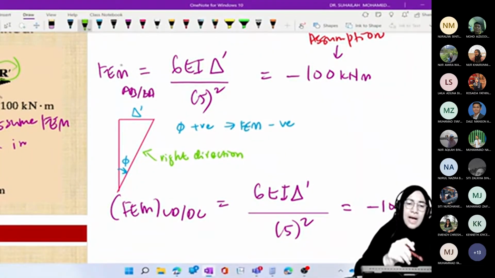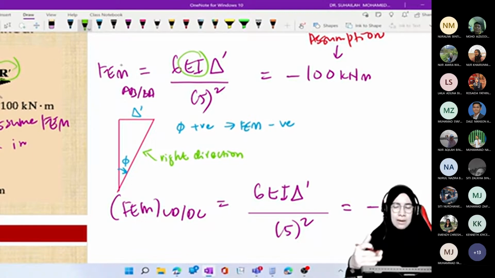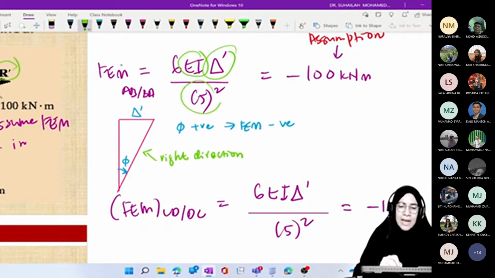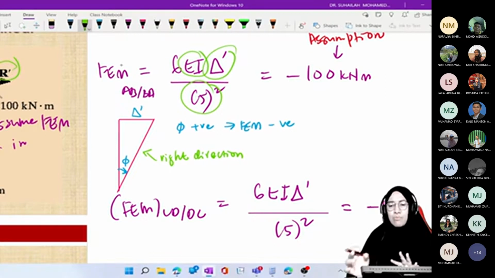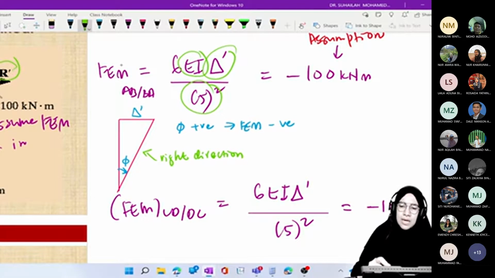If EI is not constant, dia akan ubah nilai FEM tu. If delta is not constant, also same. If L is not constant, it will also change the value.